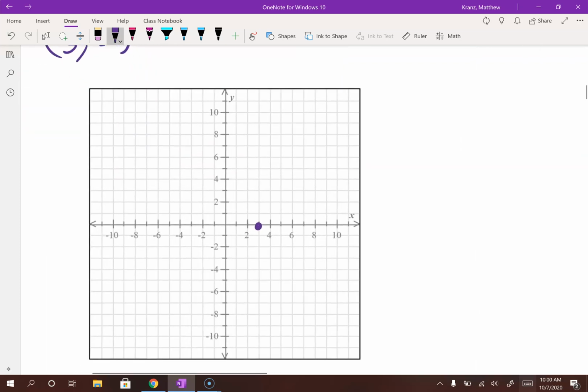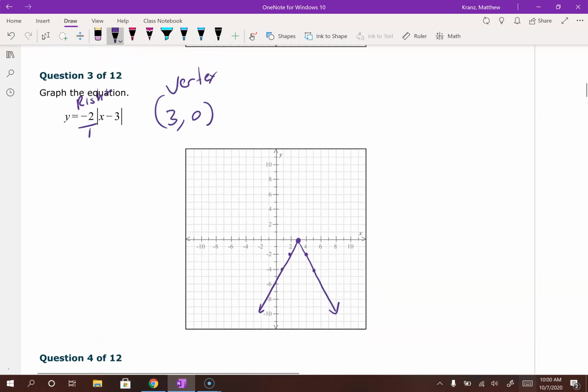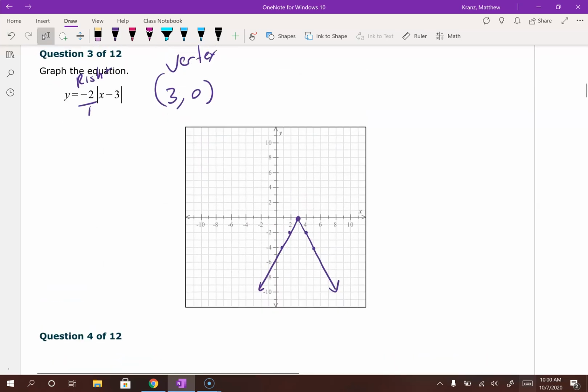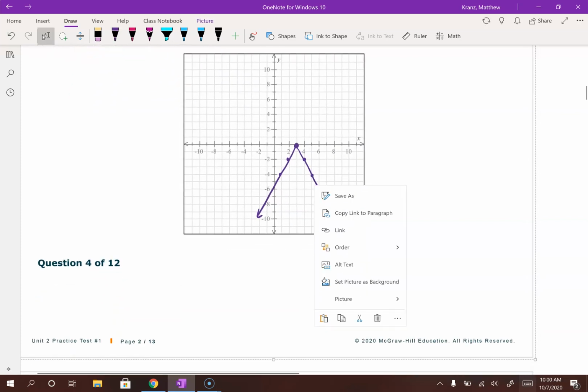So I go down 2 and over 1, down 2 and over 1, and this is what our absolute value function is going to look like on that one. So all you really have to do is graph one point on each side, and then the slope will do the rest for you.